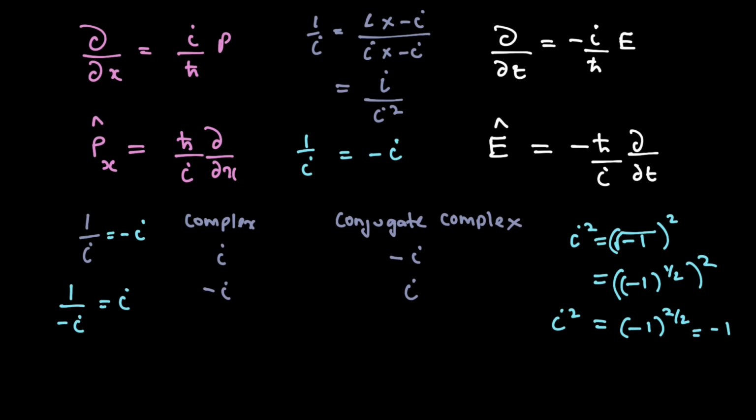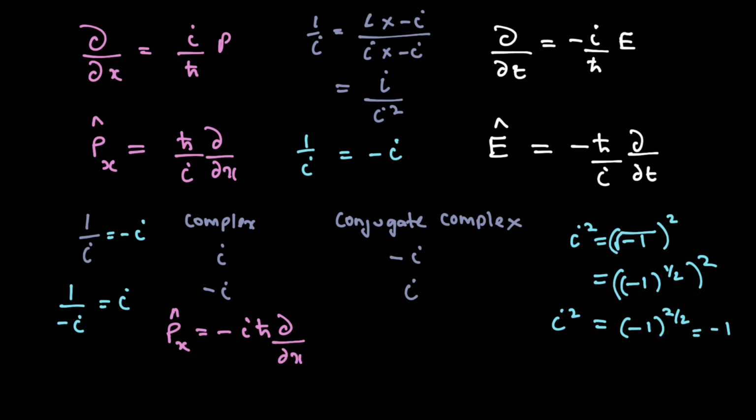So you can see we can now write this momentum operator in a different way. For the Px operator, 1 over i is minus i, so that would be minus i h bar times the partial derivative with respect to x.